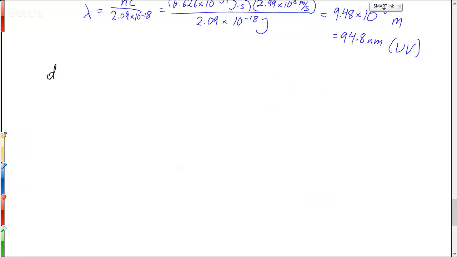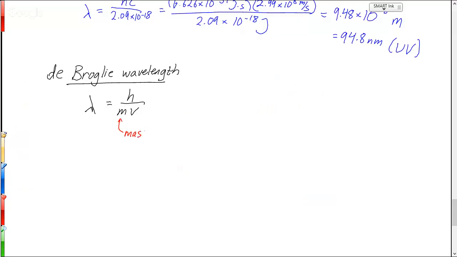We can calculate that through something called the de Broglie wavelength, which is our way of quantifying this. He determined that the wavelength is equal to that constant again, Planck's constant, divided by the mass times the velocity. So m is mass and v is velocity.